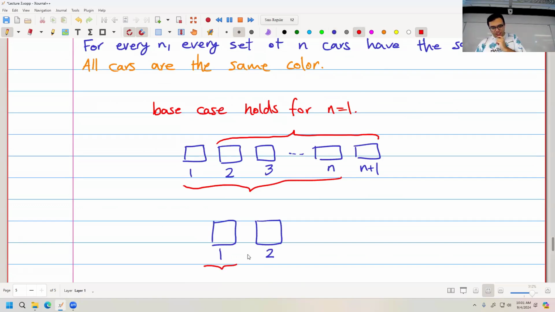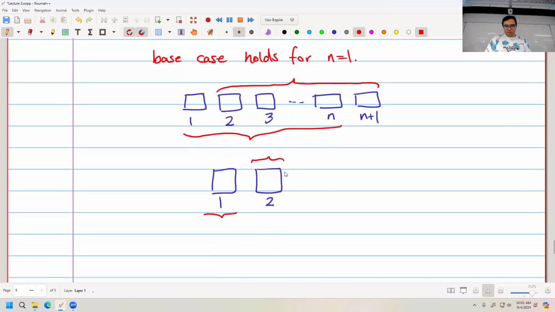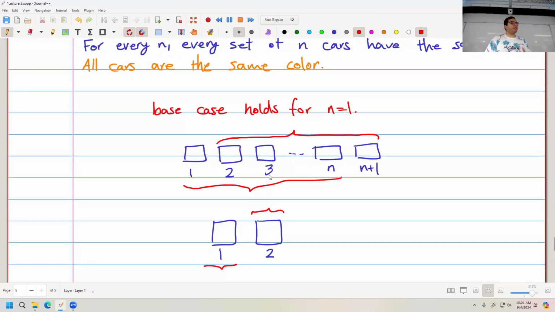And then I'm saying the last n cars are the same color, that's also fine. But then the part that says these 2 should be the same color, that doesn't work anymore, right? So you see, the problem here was that when we were doing this proof by picture, we were adding some assumption without actually realizing it. And the assumption we were adding was that n is at least 2. And I don't have that assumption.